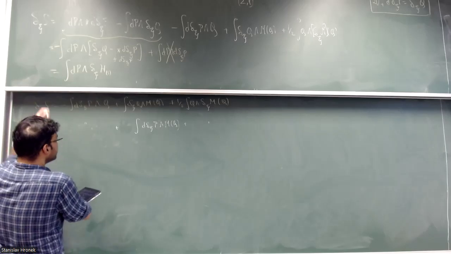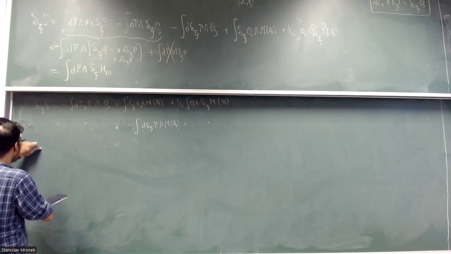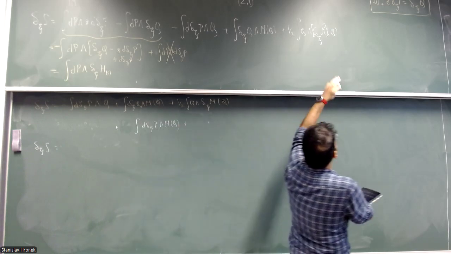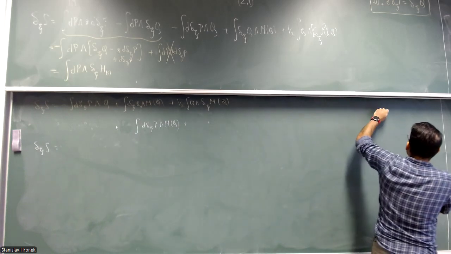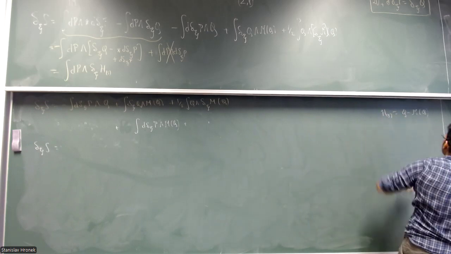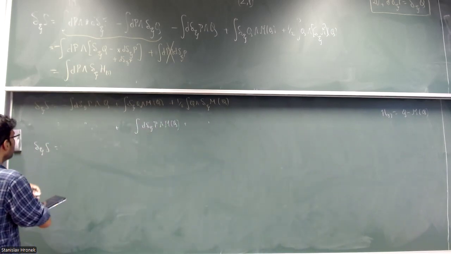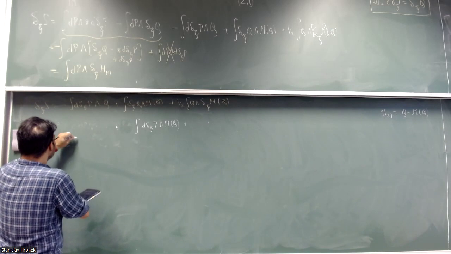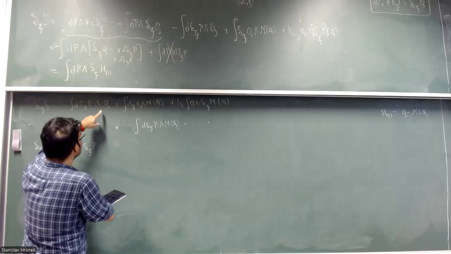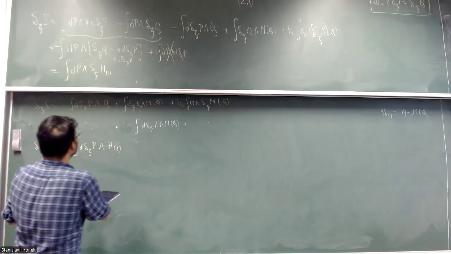And now what we can do is that we can sort of remember that our HG was defined to be this combination, Q minus MQ. And we can write it like this.